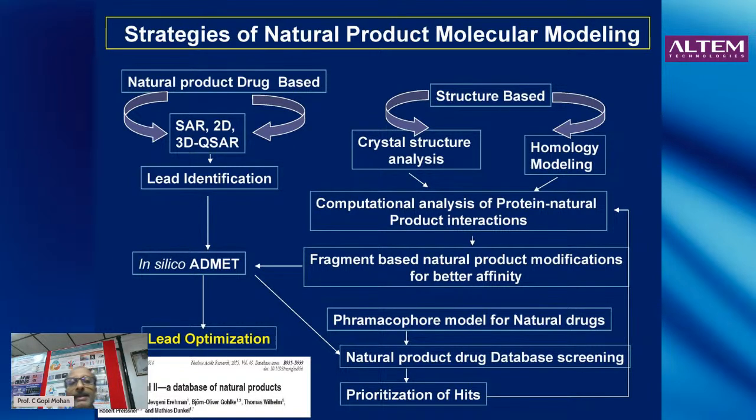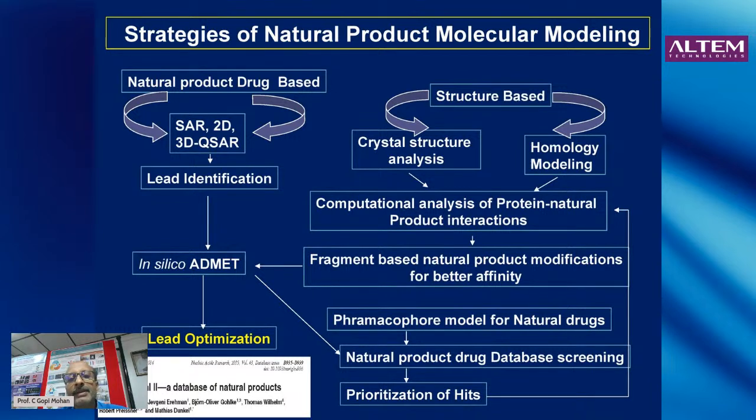In this slide I just want to discuss the strategies. What are the different strategies which one can utilize in modern as well as natural product molecular modeling? One can be drug based, or natural product drug based, which has nothing to do with the target but only uses the drug derived small molecules.